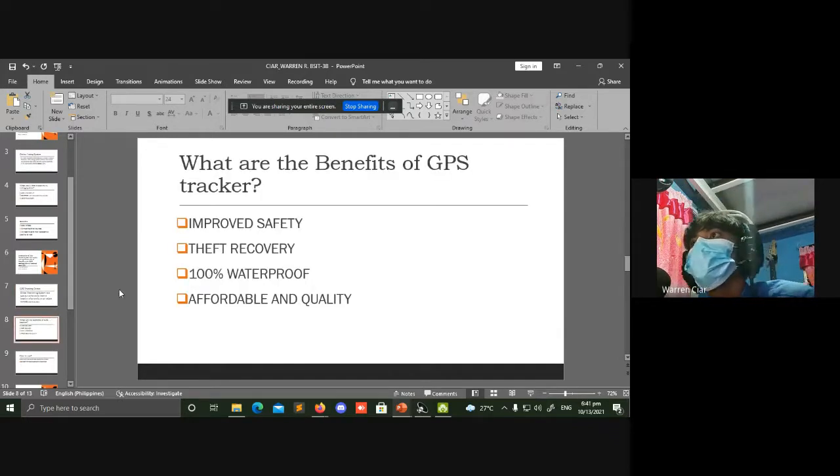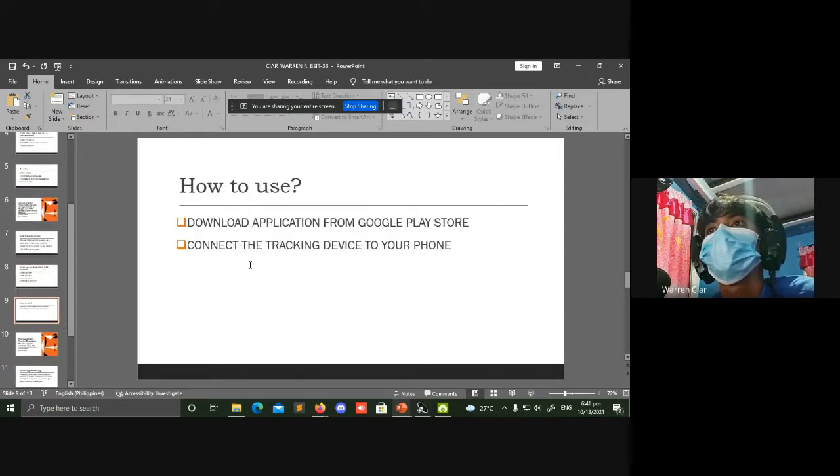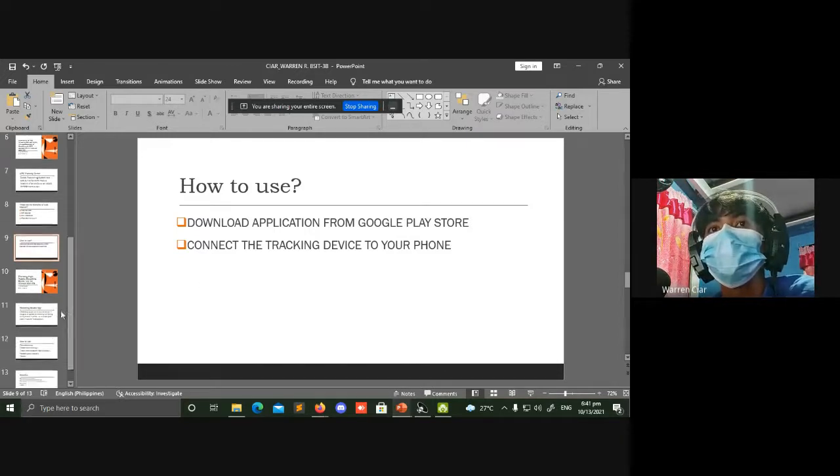What are the benefits of GPS tracker? Improved safety, and also theft recovery if you have lost your bicycle, and also 100% waterproof, affordable, and also quality. How to use this application? You can download the application from Google Play Store and connect the tracking device to your phone.